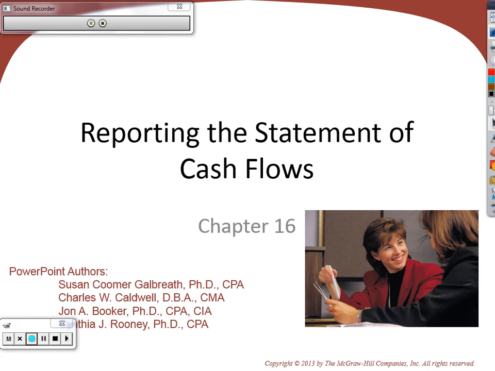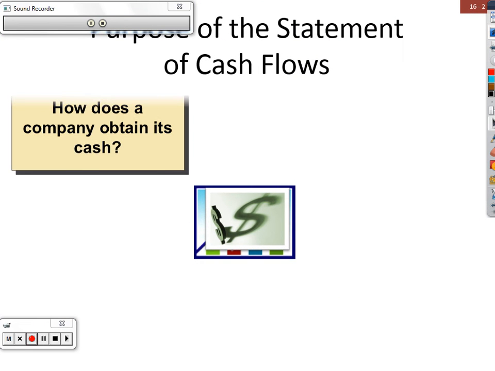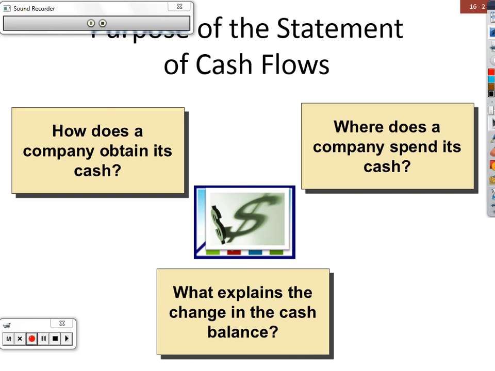Now, who actually uses this kind of report, this kind of statement? Who uses it the most? Think about it. If it's talking about how cash comes in, how it goes out, and the effects of that, who do you think is going to benefit from it the most on the inside, internally?